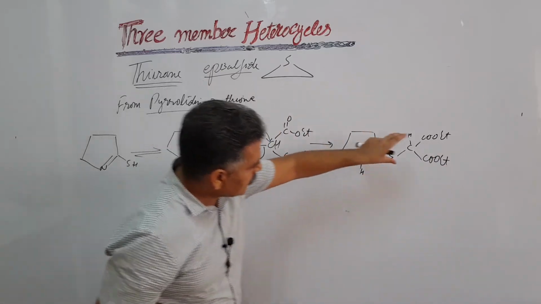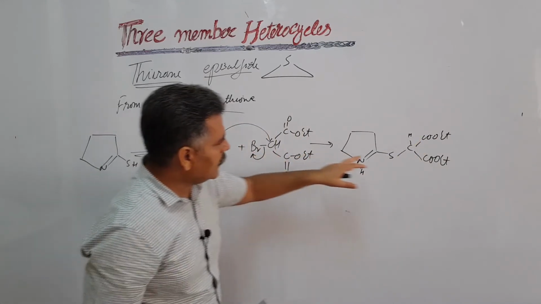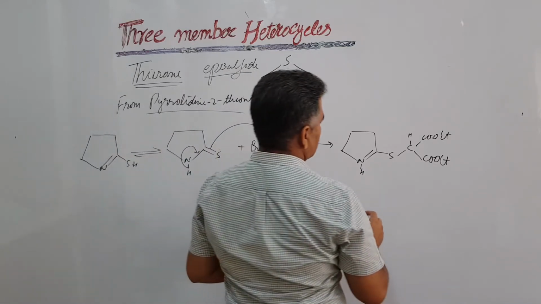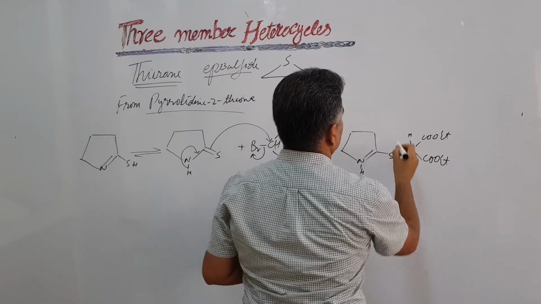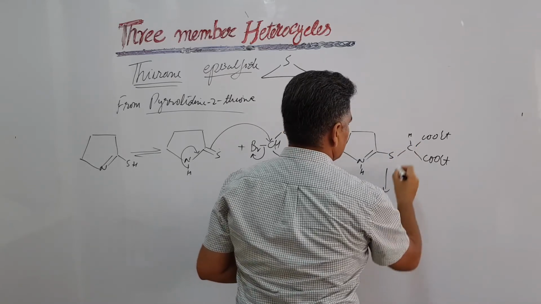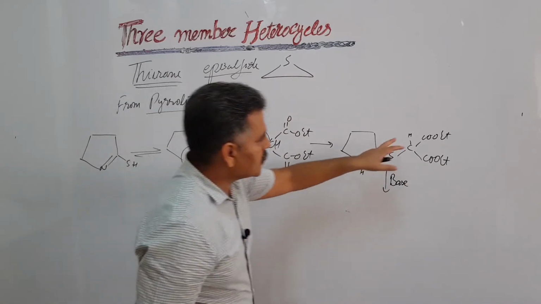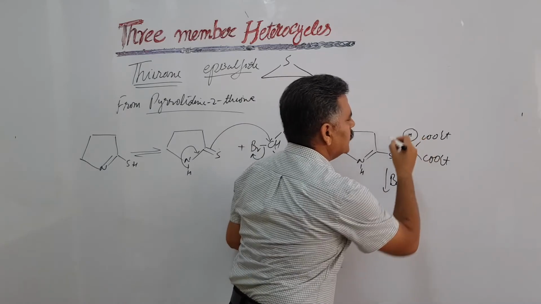So this is diethyl malonate moiety. So by the replacement of this Br, we have a carbon sulfur bond. So if you catalyze this reaction in the presence of base, then you can remove hydrogen, because this carbon being electrophilic, it makes this hydrogen acidic.